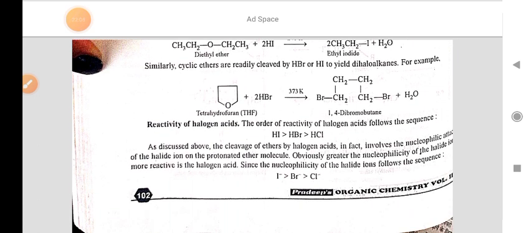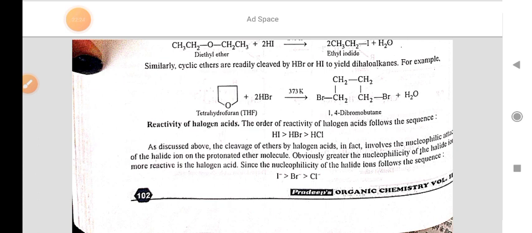Similarly, cyclic ethers are readily cleaved by hydrobromic or hydroiodic acids to yield dihaloalkanes. For example, tetrahydrofuran gives 1,4-dibromobutane and water on reaction with hydrobromic acid at 373 Kelvin.